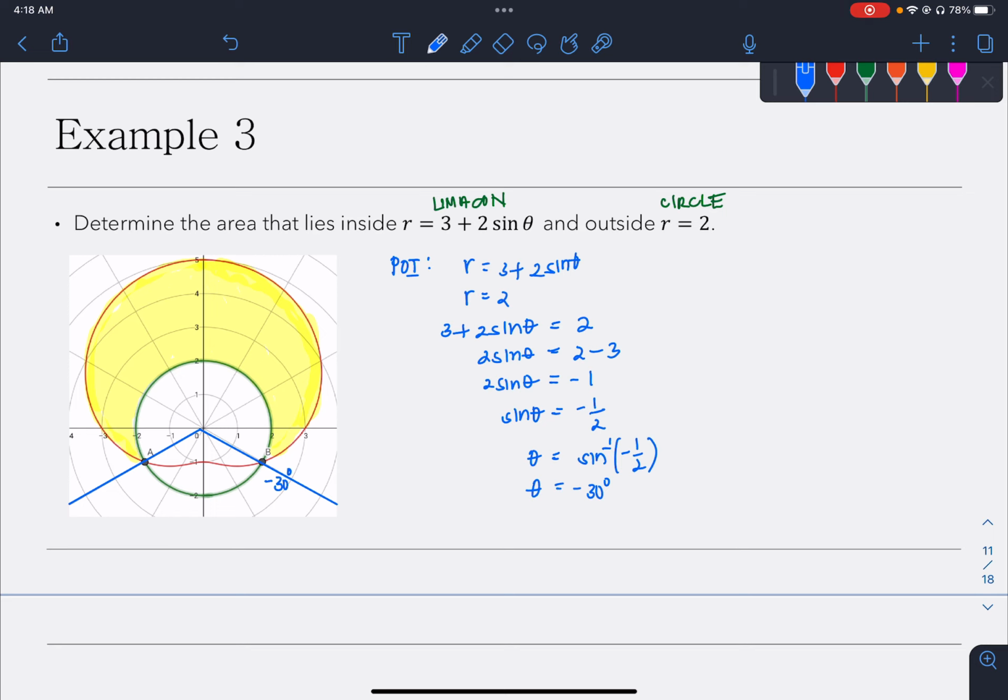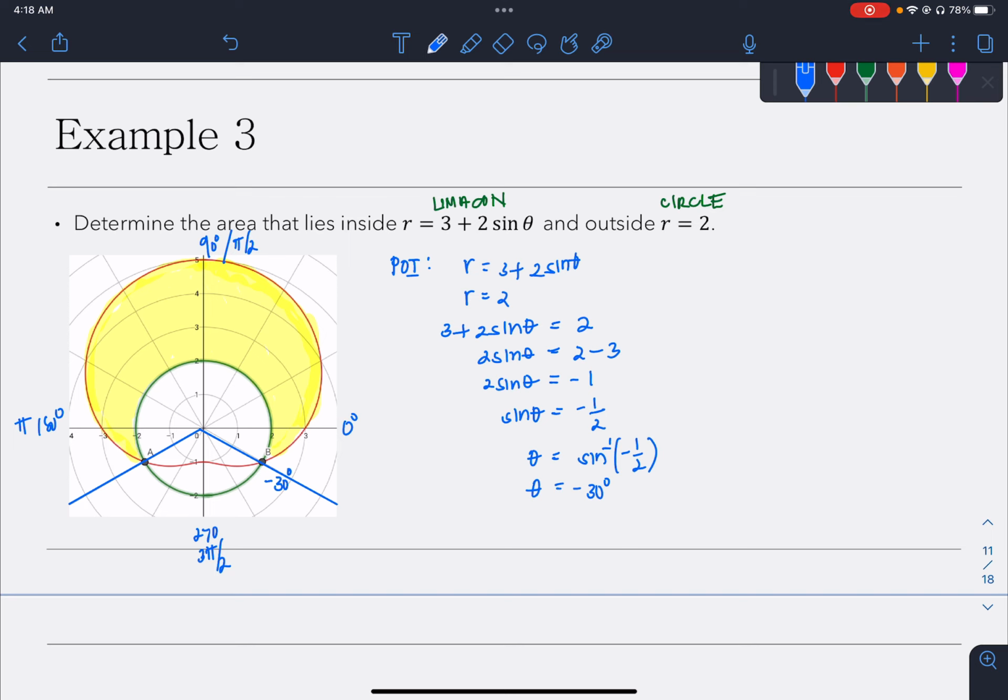Remember, this is the 0 degree. This is 90, this is 180, and this is 270. Or this is pi over 2, this is pi, this is 3 pi all over 2, and this is 2 pi or 0.